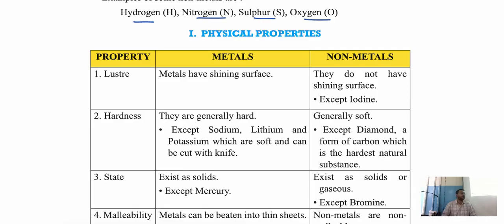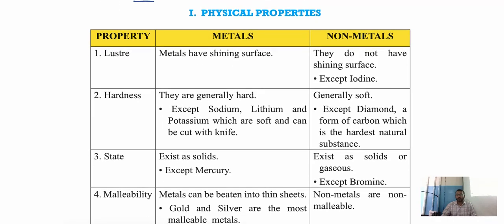Simple. Physical and chemical. Physical properties are those properties which we can see and feel. Chemical properties are those properties which we can't see but still we can feel. We can say it is a metal, or we can say it is a non-metal. Those are called chemical properties.